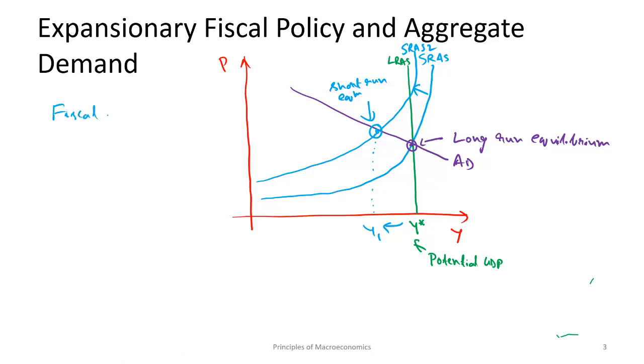Fiscal policies: one is increased government expenditure, which directly leads to increased aggregate demand, or decreased taxes, which leads to increased consumption. Now when taxes are decreased, which essentially means that I can take home more pay, my disposable income increases, and increased consumption leads to increased aggregate demand.